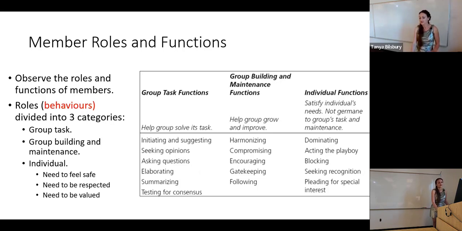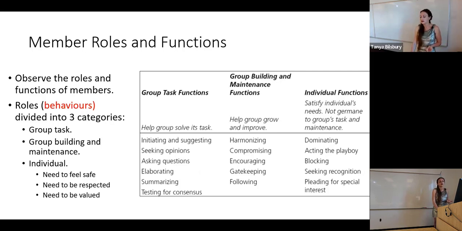Okay, so there are some behaviors that are about the work the group is doing, and those are things like making a suggestion, sharing your opinion, asking somebody else for their opinion, elaborating on what was said, checking for consensus. There are behaviors that are about supporting the group dynamic, like giving encouragement, helping settle disagreements, inviting people to speak if you see them as thoughtful but quiet.